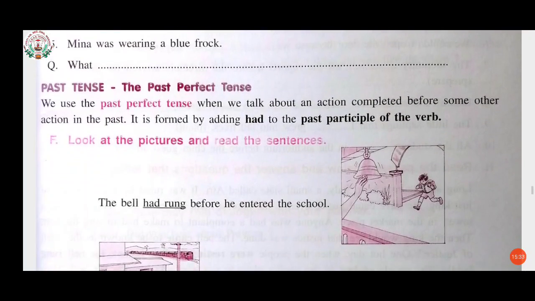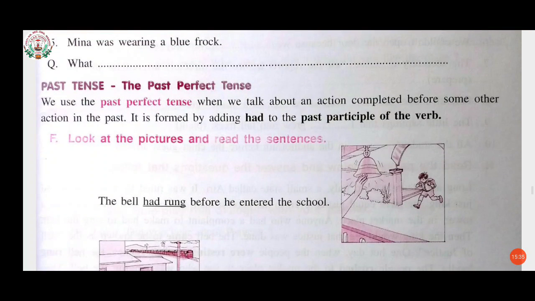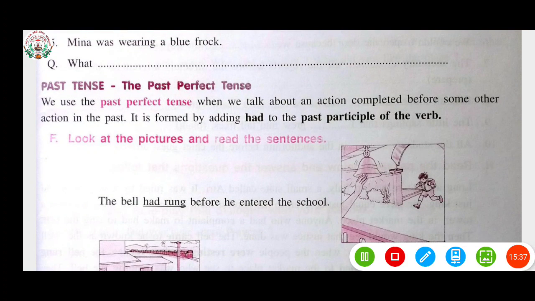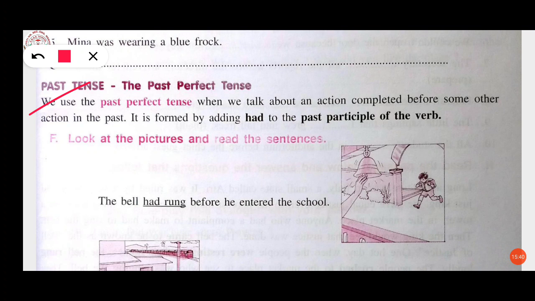Now come to the past perfect tense. First see, we use the past perfect tense when we talk about an action completed before some other action in the past. It is formed by adding had and the past participle of the verb.